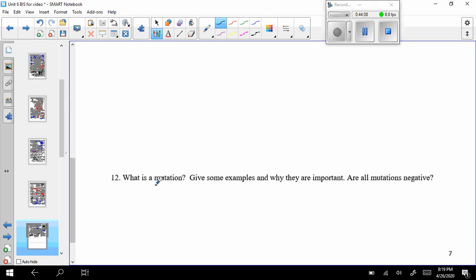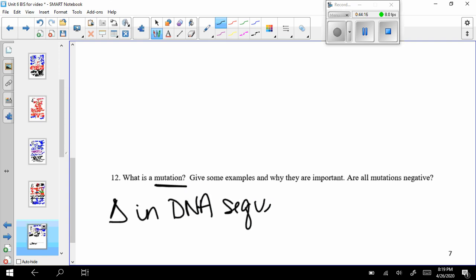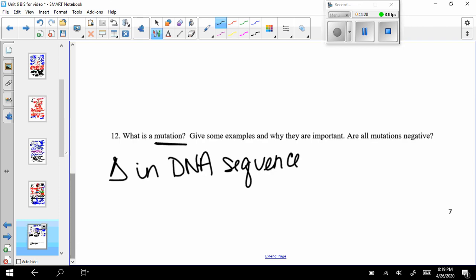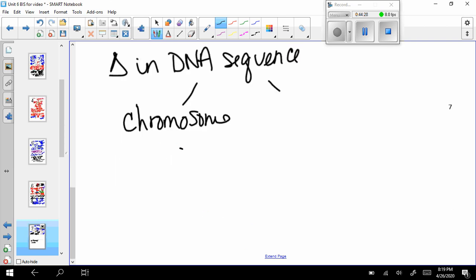All right, what is a mutation? A mutation is a change in the DNA sequence. There are so many ways you could change a DNA sequence. First of all, you can have an overall change to an entire chromosome. So here is my big long chromosome, and let's say this little top half of it breaks off.